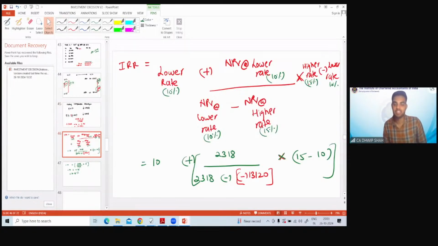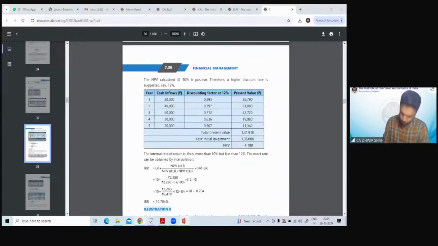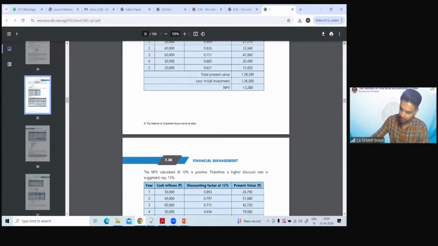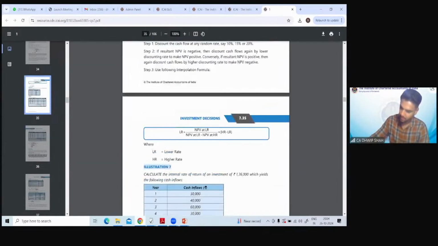So the formula is lower rate plus NPV at lower rate divided by NPV at lower rate minus NPV at higher rate, the whole multiply by higher rate minus lower rate. ठीक है? So वही फॉर्मूला यहाँ पे लिखी है उन्होंने. देखो, LR is lower rate plus NPV at LR means lower rate.